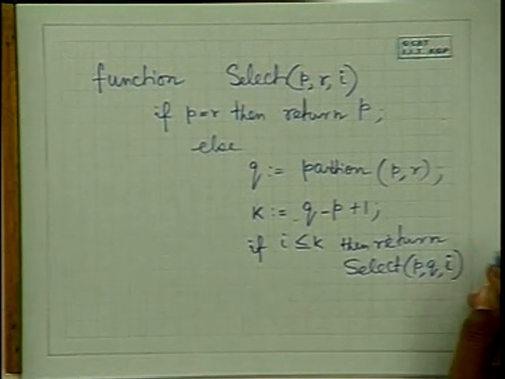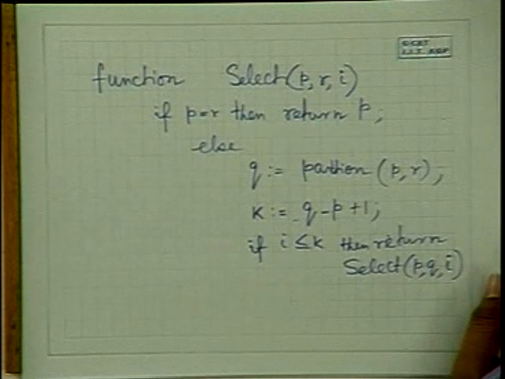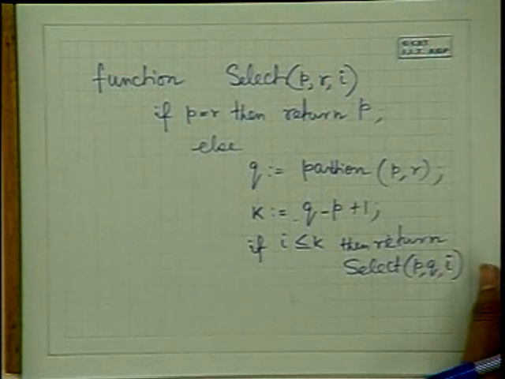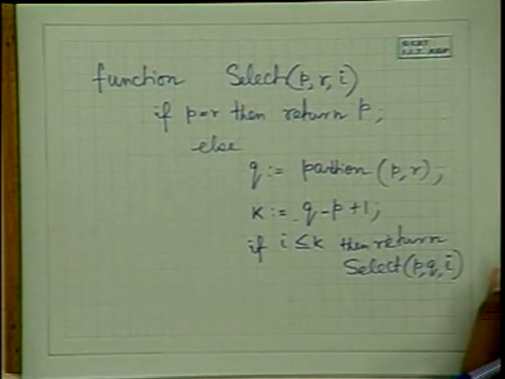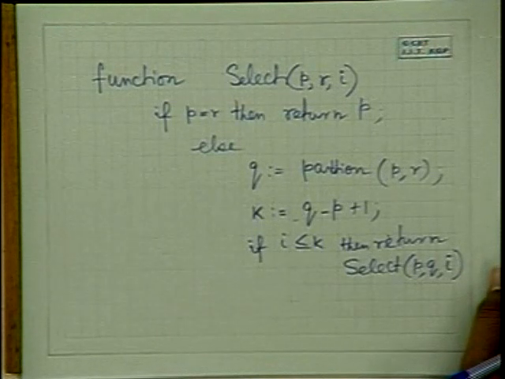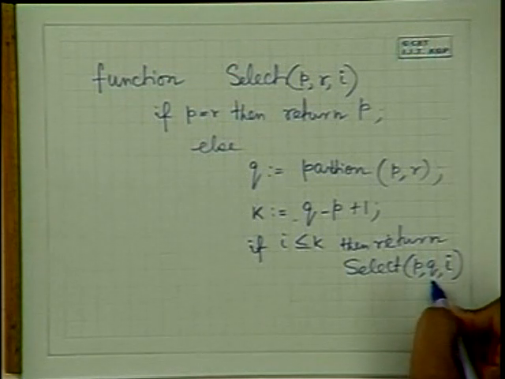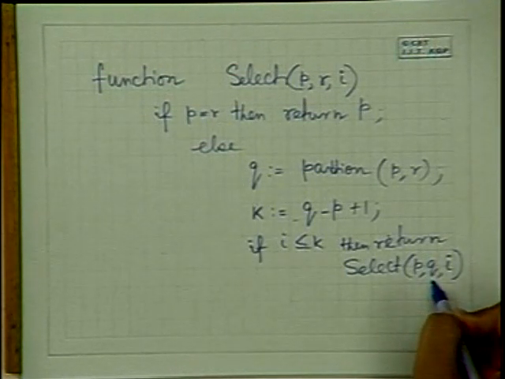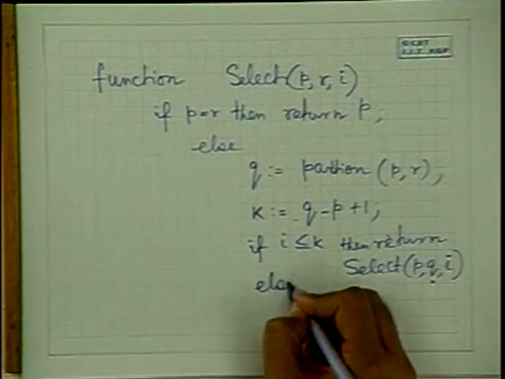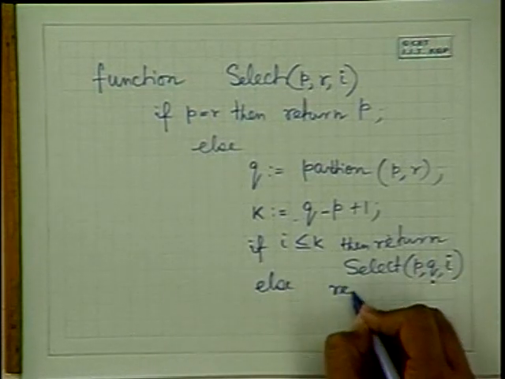It should be i, because you are trying to find in the array p to q the ith smallest element, right? But now you have updated this q here. Instead of p and r, you have updated to p and q.